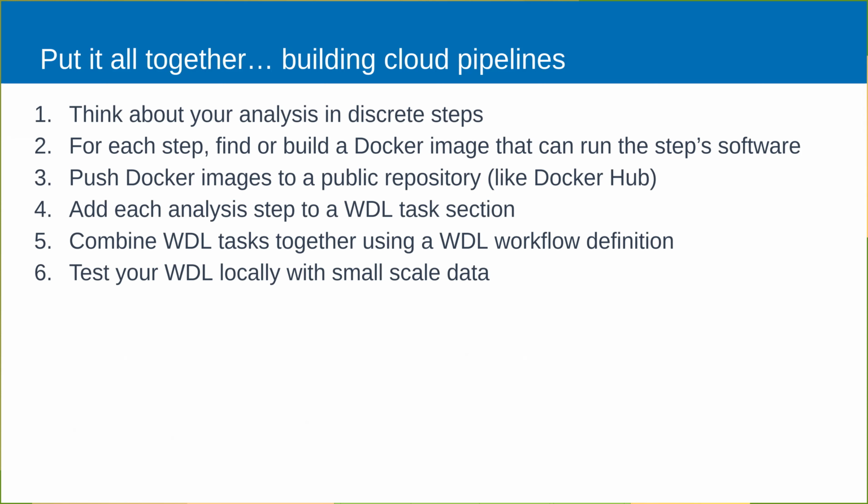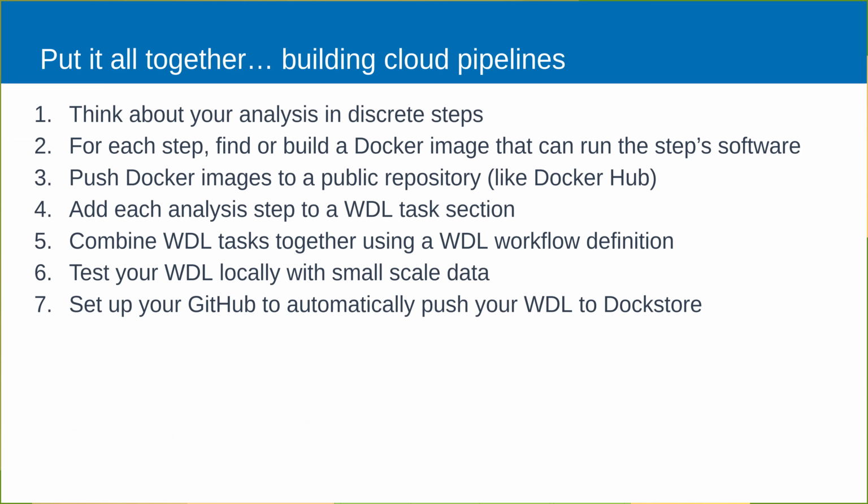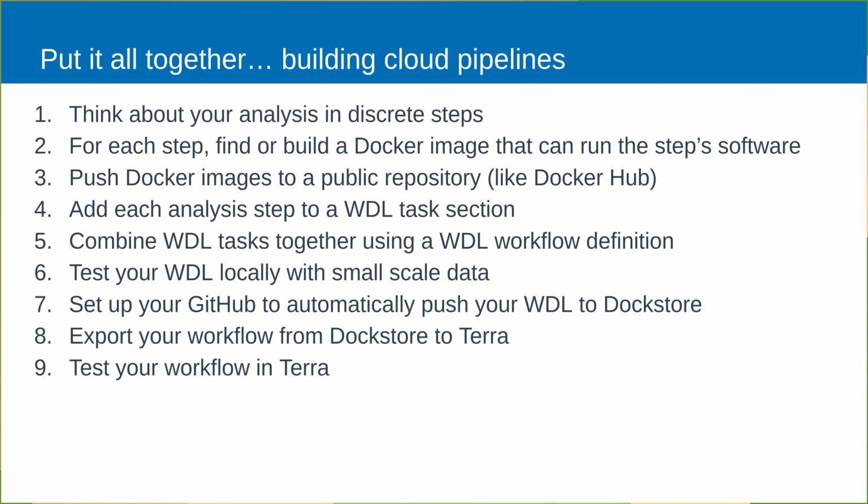Not only do most workflows run more quickly when you're using small data, but you don't need to wait for it to be pushed up to Terra. But when you are ready, you can set up GitHub, automatically push your WDL file to Dockstore, and then export your workflow from Dockstore to Terra. So that's putting everything together.